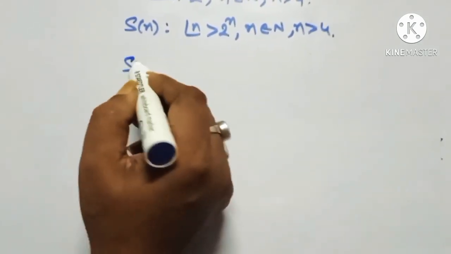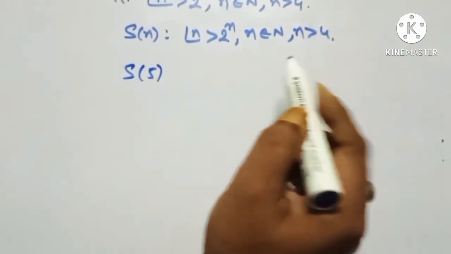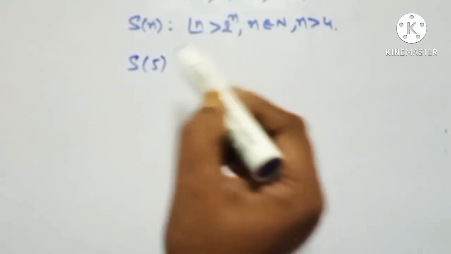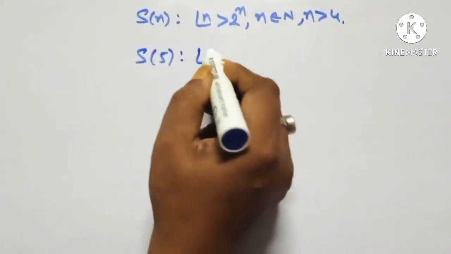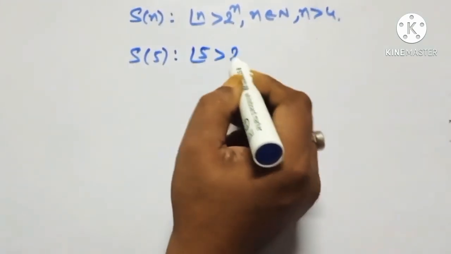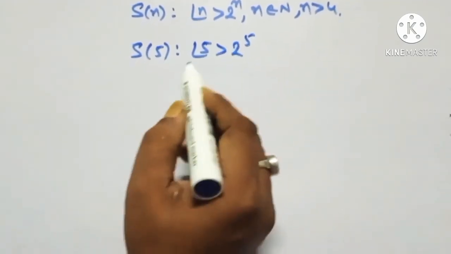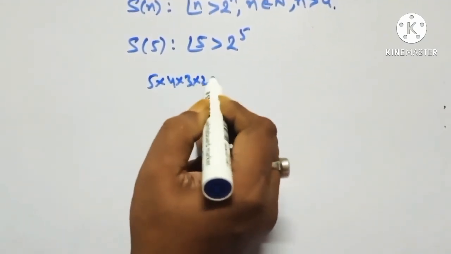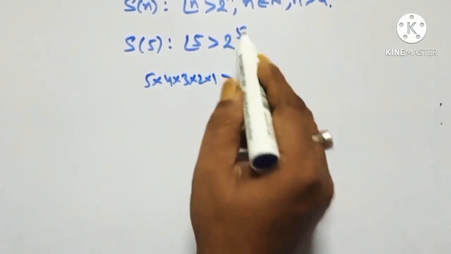So I will test for 5, the natural number greater than 4. So 5 factorial greater than 2 to the power of 5. Let us test it. 5 factorial is 5 into 4 into 3 into 2 into 1, greater than 2 to the power of 5.